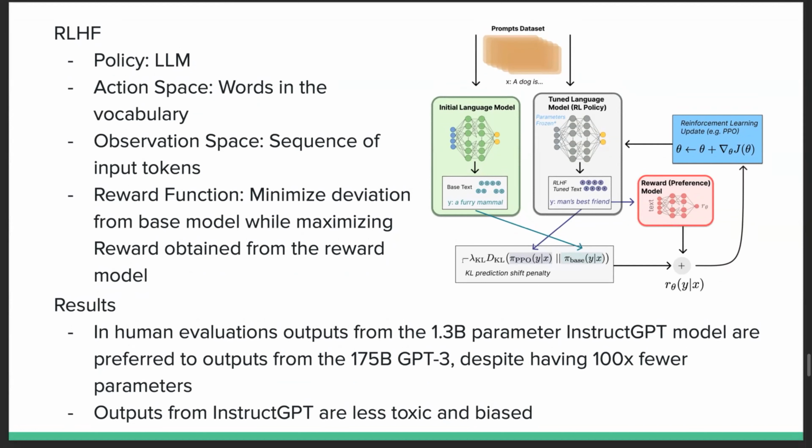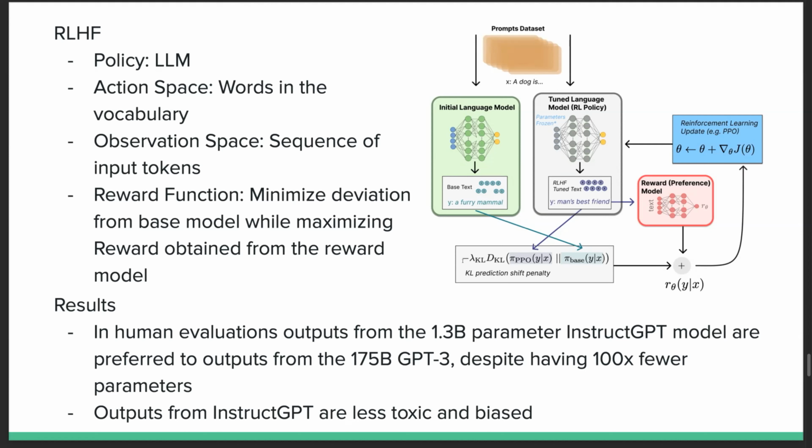The objective is to not change the model parameters too much, so that it generates text similar to what it was generating after instruction tuning, while also maximizing the reward function from the reward model, which is trained to select text that is more preferable to humans. That's the general idea.